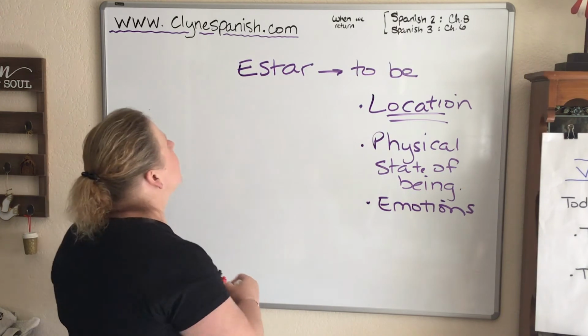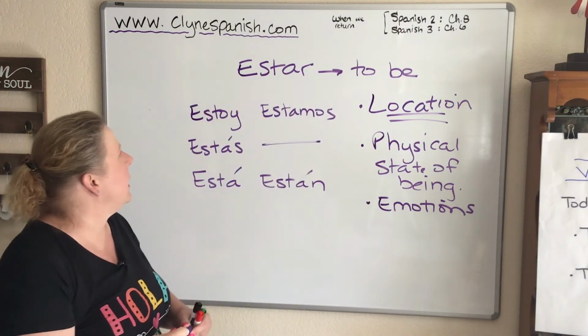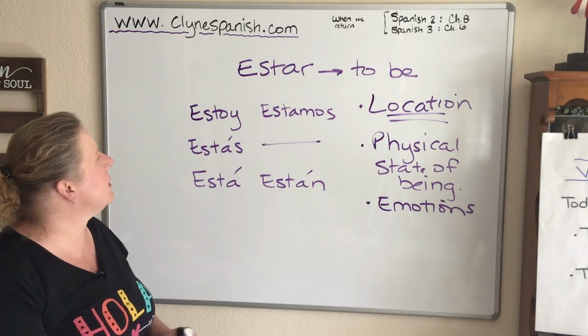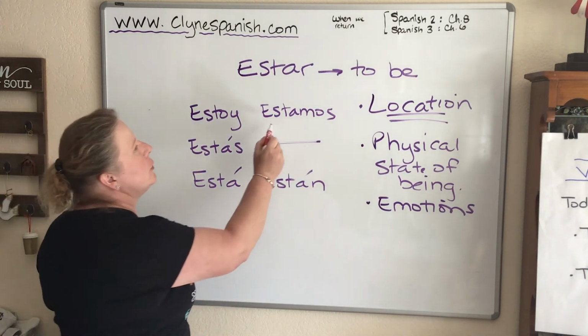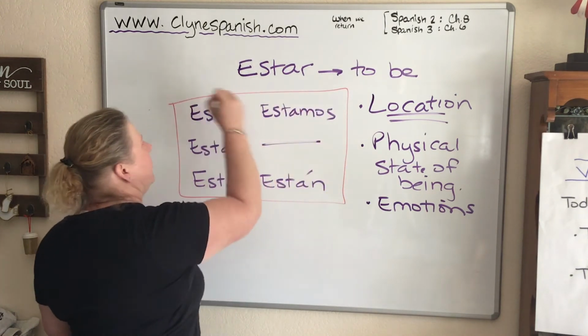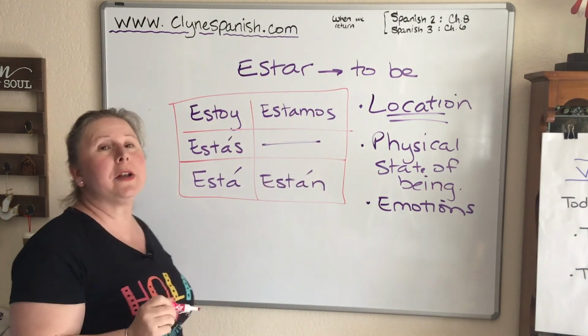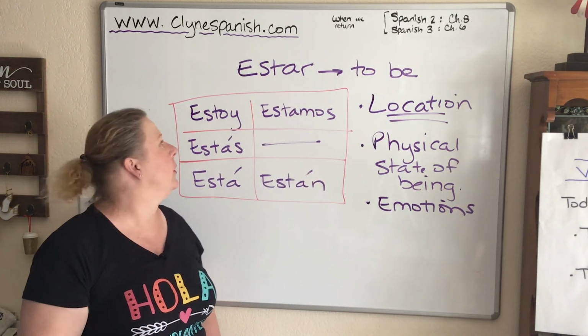All right, so the way it conjugates is like this. Notice that in your nosotros form, there is no accent mark. Again, really important for you to learn what goes where on a verb chart. All right.